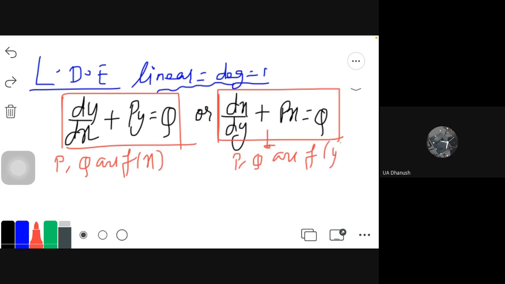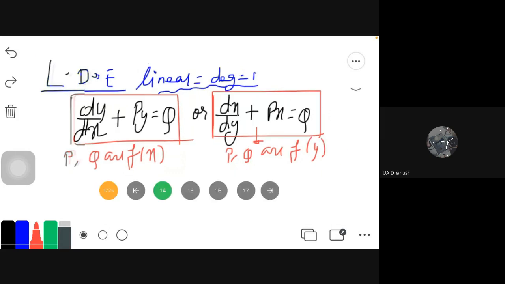Up till now we saw simple numericals. Now, when I say function of x, it can be any function: logarithmic, trigonometric, inverse trigonometric, algebraic, exponential, any. One important thing is that we have a ready-made solution.